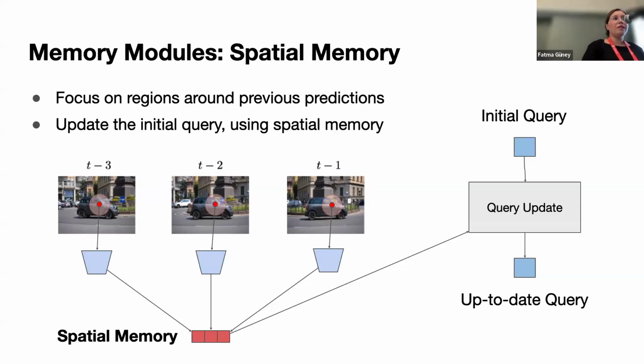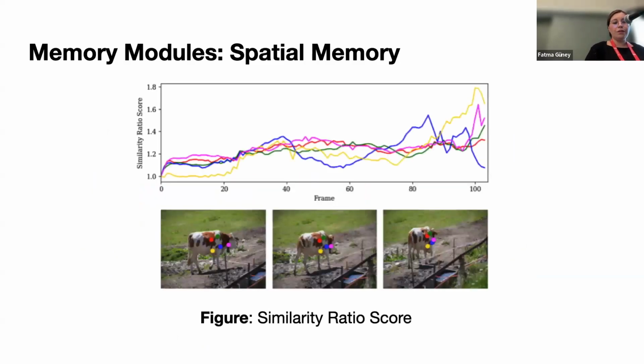Now, I will show you the same plot that I showed in the previous slide, the feature similarity plot, okay? But now, I want to convince you that the memory actually helps improve the similarity to ground truth. How do we do that? We have 2 things, right? We have the query feature updated with the memory, and we have the initial version of that, which is not updated with the memory.